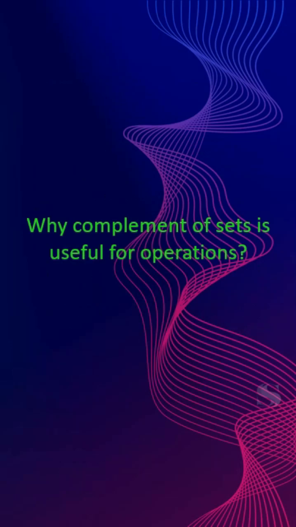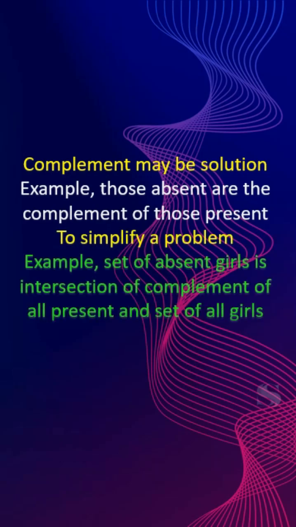We must touch upon why complement of sets is useful for operations. Here are a couple of useful situations. First, the complement of a set may be the solution. For instance, the elements that are absent are the complement of those present in any event, place. Second, the complement may simplify the problem.